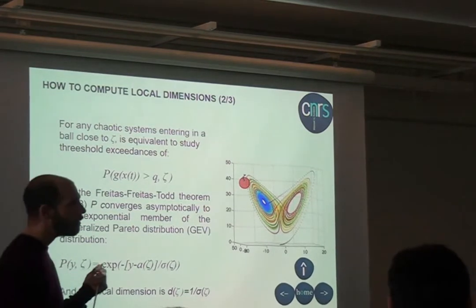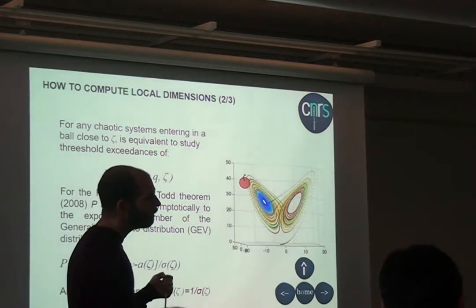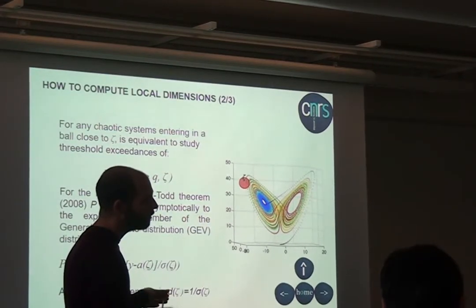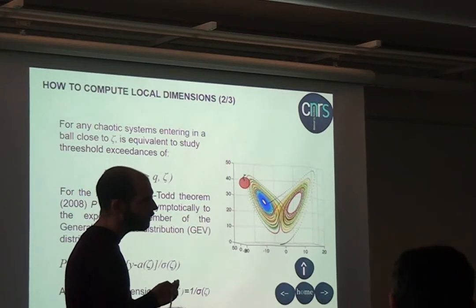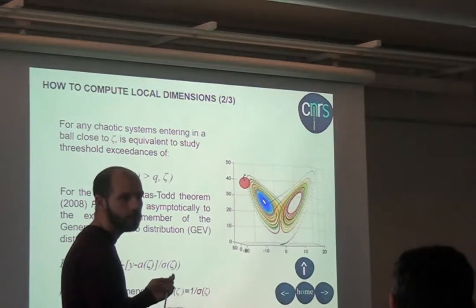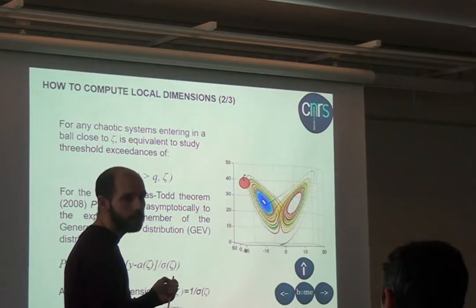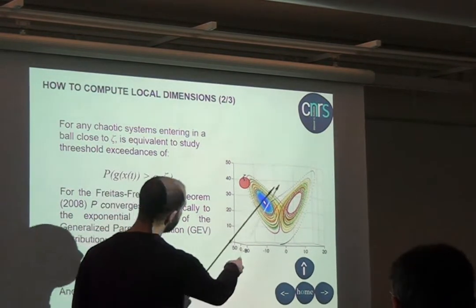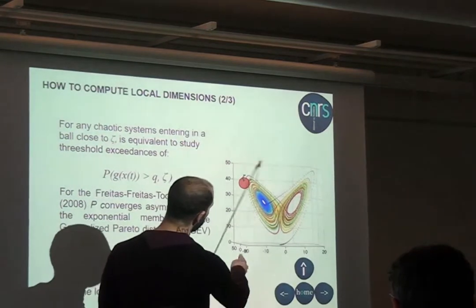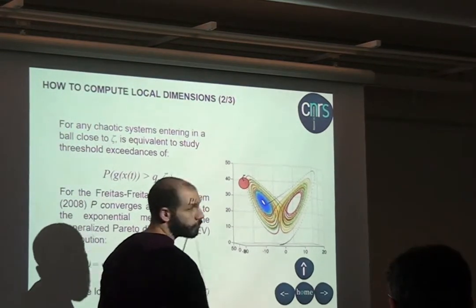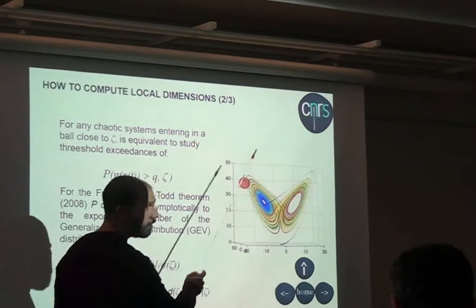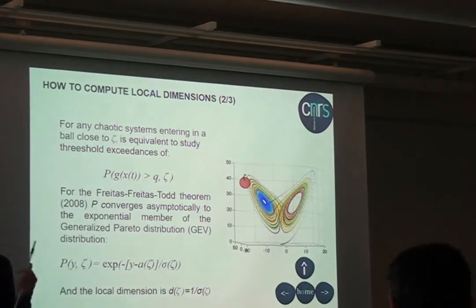Perhaps it helps to understand why you treat them as extremes if one thinks that Q, this threshold one imposes, can be a very high percentile of your distribution of distances. Yeah, because imagine that Q is large, you will sample a large part of the attractor, but if you want the local dimension, you have to go very close to the point zeta.